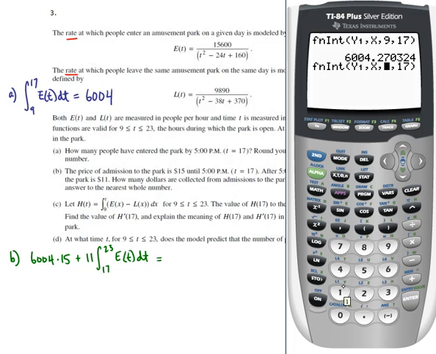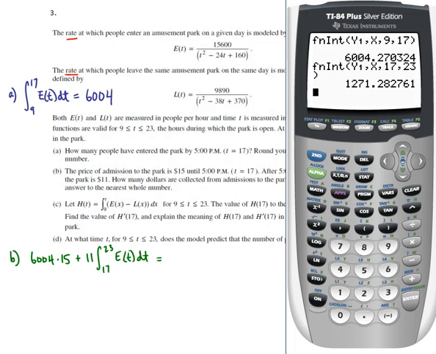Instead of from 9 to 17, to go from 17 comma 23 close parentheses, and it tells me that 1,271 people, again rounded to the nearest person, entered the park from 5 o'clock until 11 in the evening.